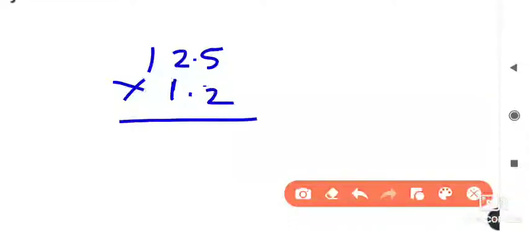First do the multiplication of 125 into 12. 12 5s are 60, 12 2s are 24, and 24 plus 6 is equal to 30. So 3 carry here, and 12 ones are 12, and 12 plus 3 is equal to 15.